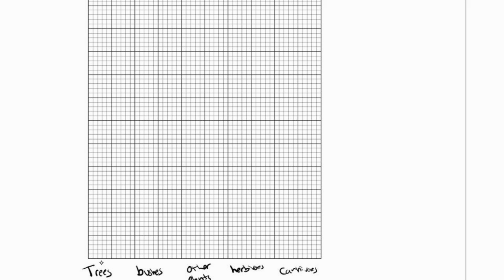Okay, so for the y-axis, we want the number found in the garden ecosystem. If you look at the table, it goes from between 2 and 118.